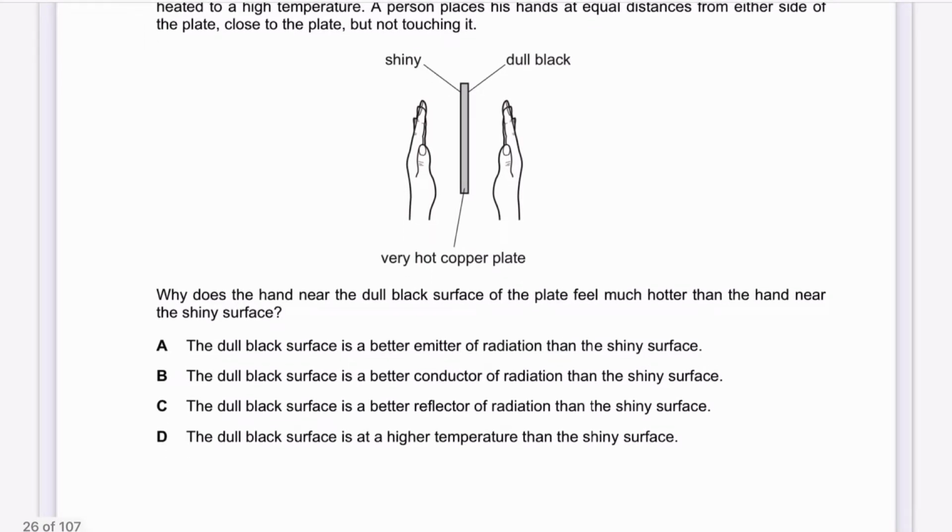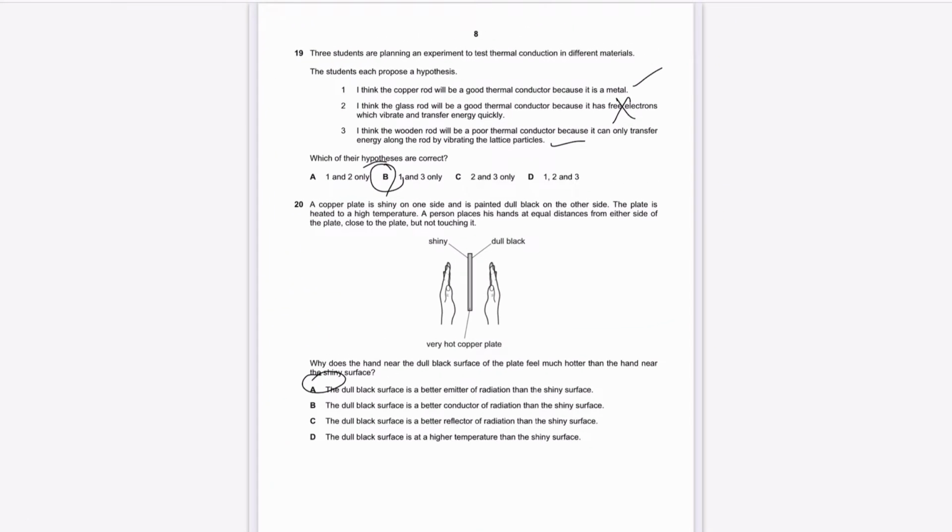Why does the hand near the dull black surface feel much hotter than the one near the shiny surface? Obviously, because dull and black, it emits and absorbs radiation better. So the answer for this is A. The dull black surface is a better emitter and absorber of radiation than the shiny surface.